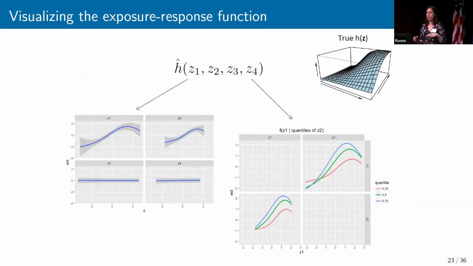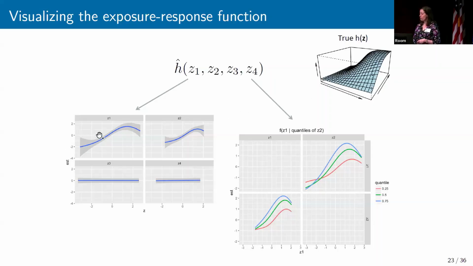Okay, so I talked about how once we fit the model, one of the goals is to visualize the exposure response function. And so the vignette that I pointed to will have code that can show you how to reproduce this plot. So this is a simplified example where there's this true H function where Z1 and Z2 have a nonlinear and interactive effect on the outcome, the simulated outcome, and Z3 and Z4 do not have an effect.